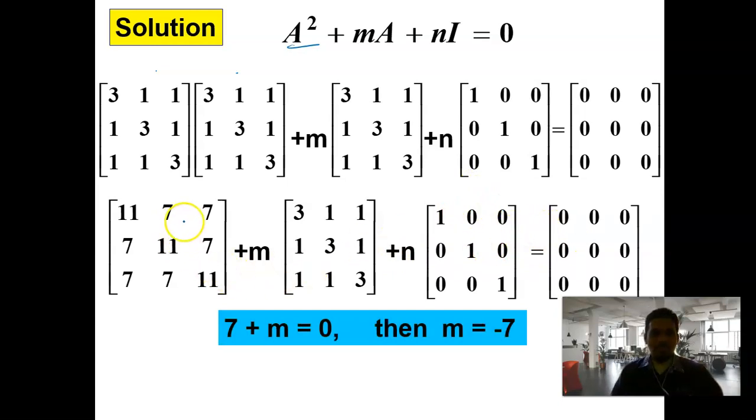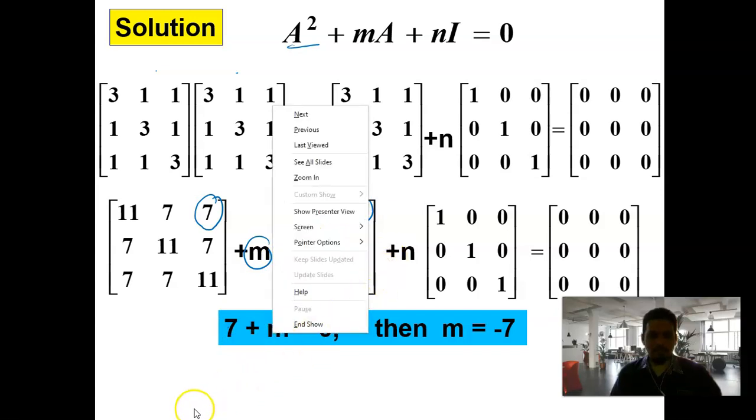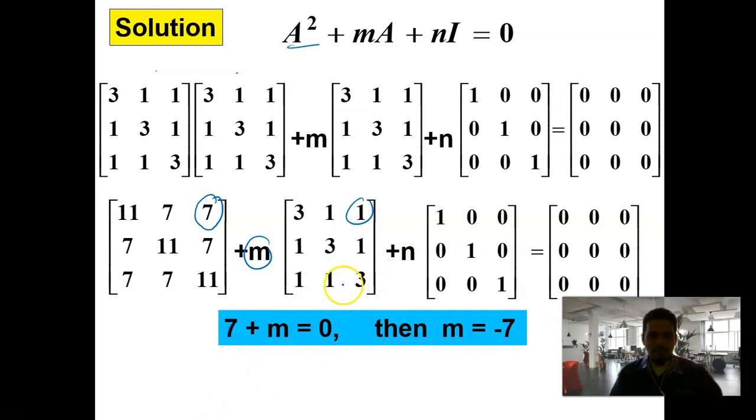So now let's say 7 plus M times 1, 7 plus M, plus 0 multiplied with N equals 0.